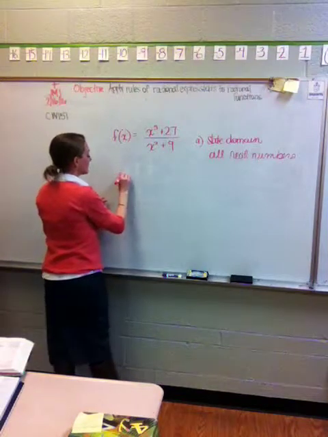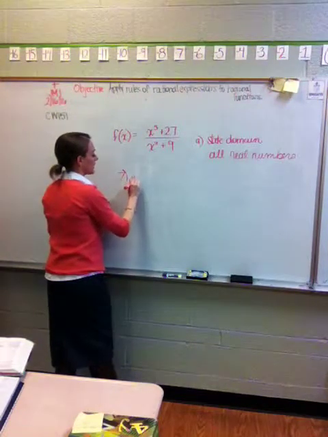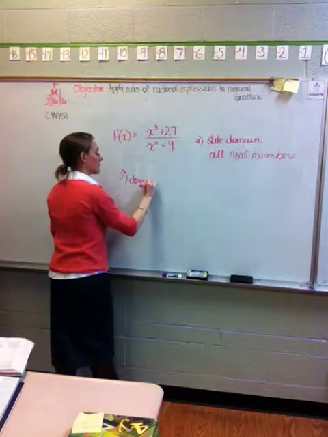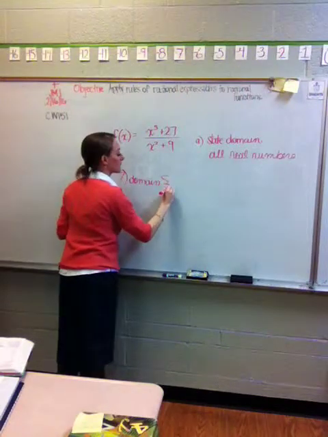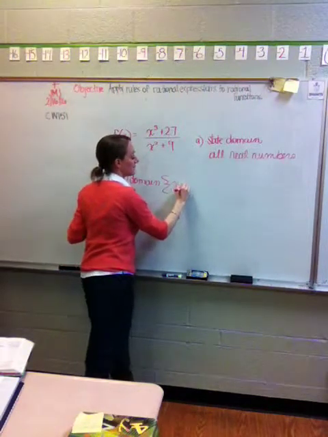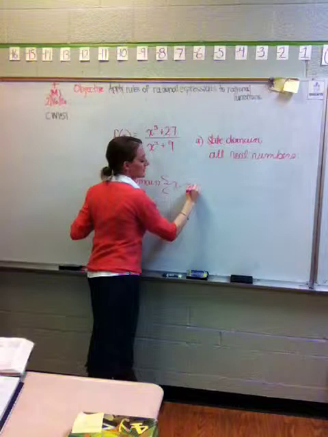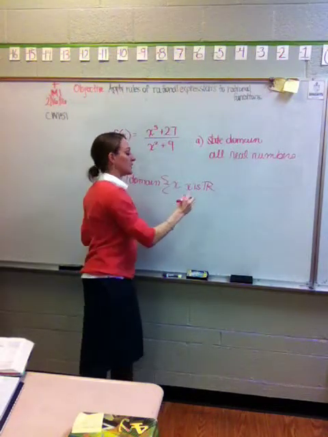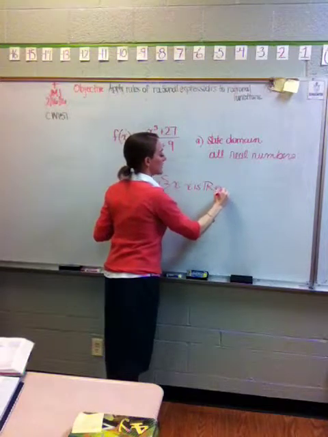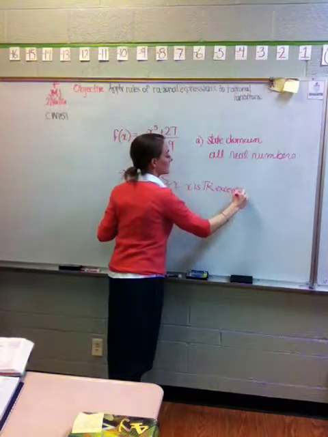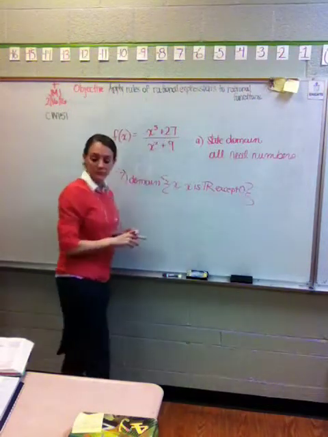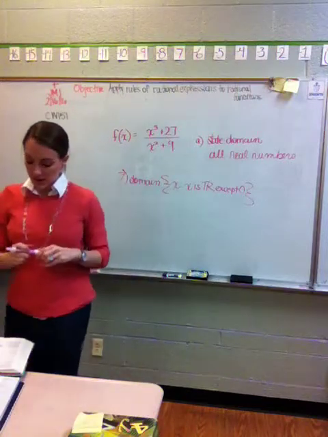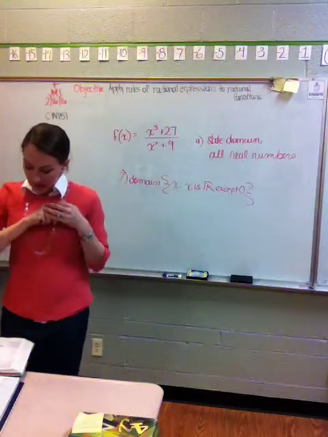So number 7, you would write domain: x such that x is all real numbers, that's our symbol for all real numbers, except 0. Does that make sense? So that's our notation for that.